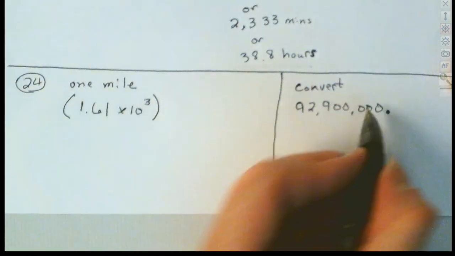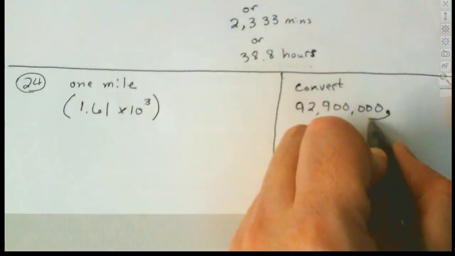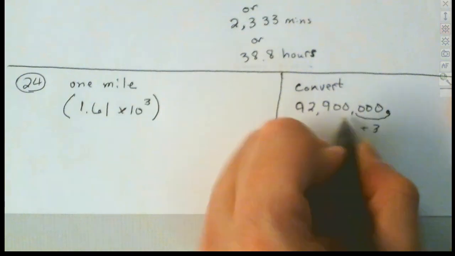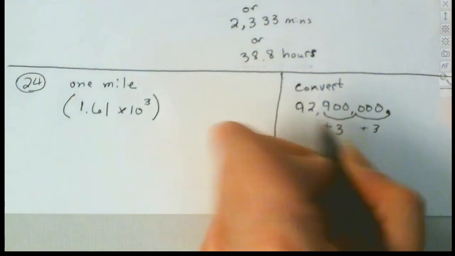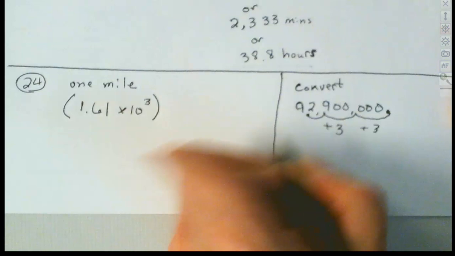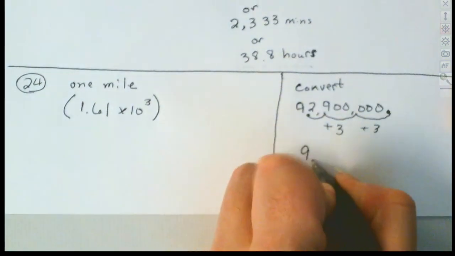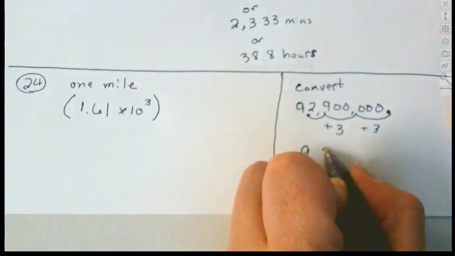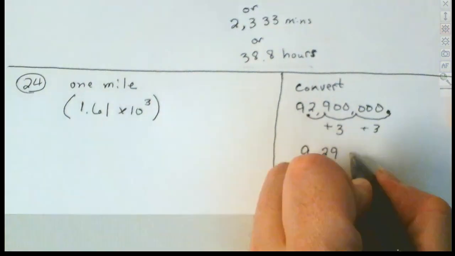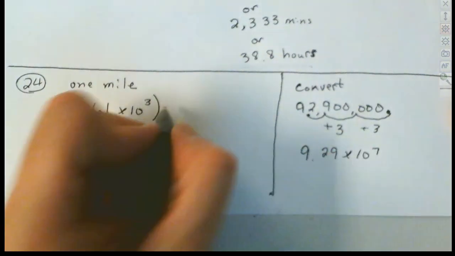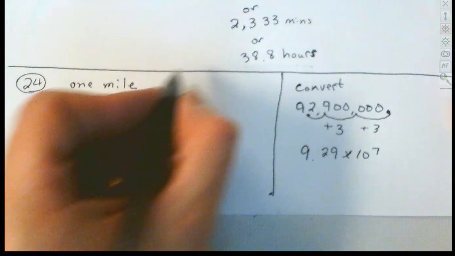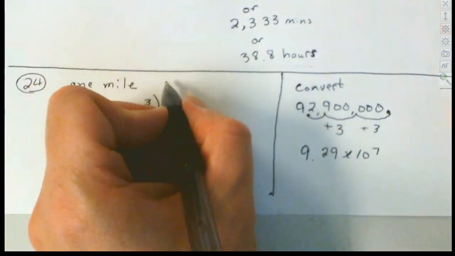There's our decimal point. And there's 3, 3 more, and then 1 more after that. So when I convert that, that would be 9.29 times 10 to the 7th power. And that's going to be the distance from the sun to the earth.